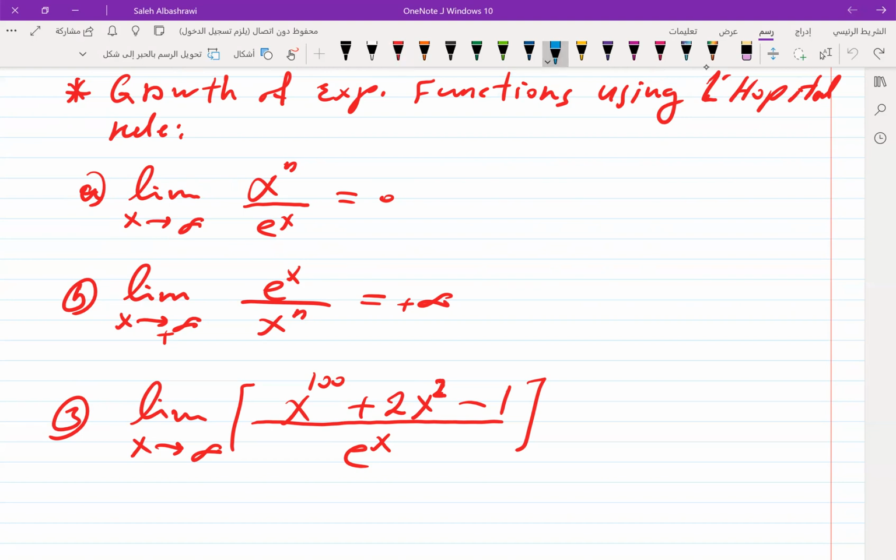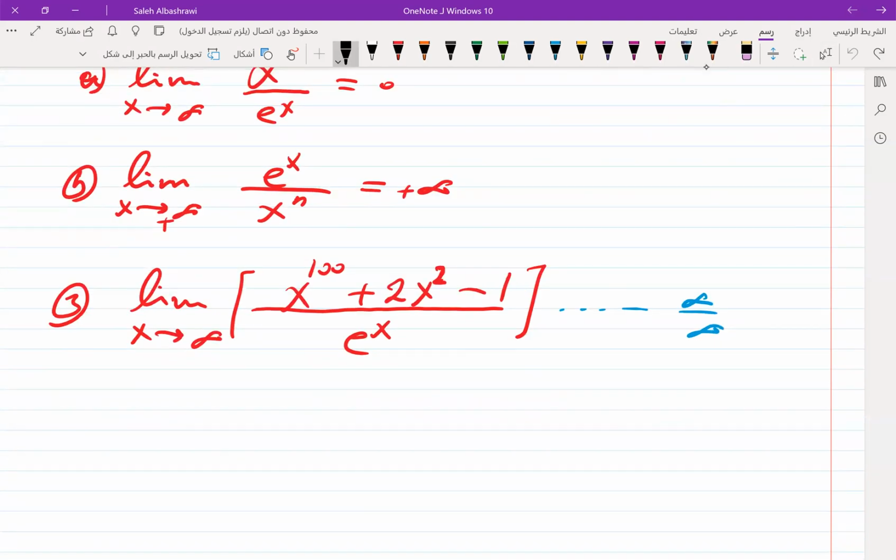For that, just notice that this is infinity over infinity. And we know that the limit of the polynomial is equal to the limit of the highest power. So we can write this as the limit of x to power 100 divided by e to power x.